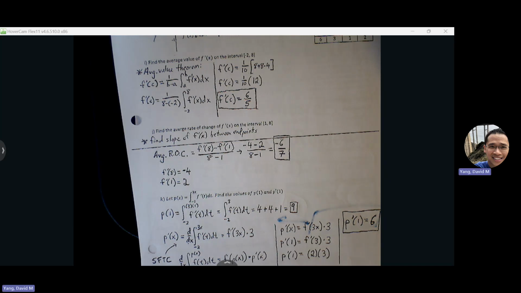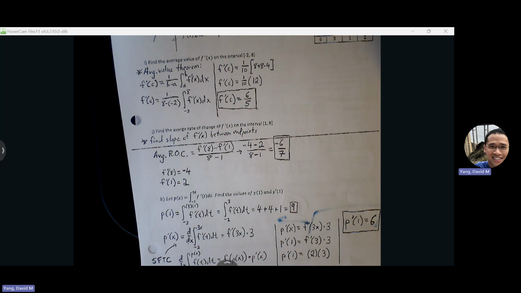What's Rolle's theorem again? Rolle's theorem is the same thing as mean value theorem. Mean value theorem is this, but the slope can be anything. It could be a slope of 1/3, 2, or 3. We're finding whatever slope we find between the endpoints and guaranteeing that slope somewhere along that curve.